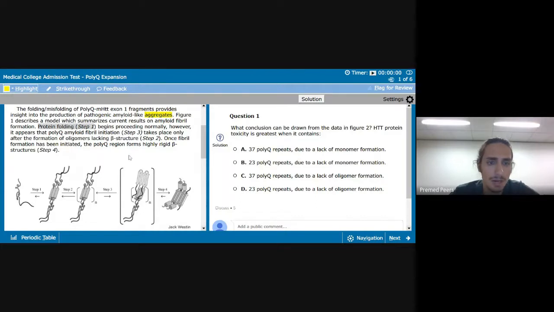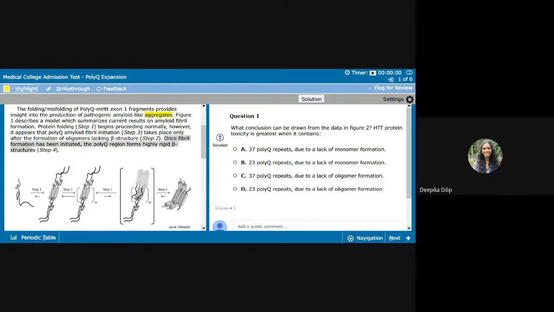I am not understanding much from this, but it seems that step 2 is important. Once fibril formation has been initiated, the polyQ regions form highly rigid beta structures. Okay, so we first form the fibril formation, and then we form the rigid structures. Does that make sense? Yeah.